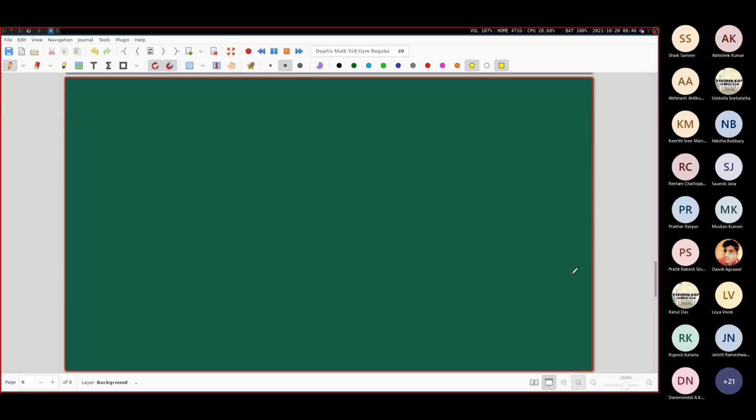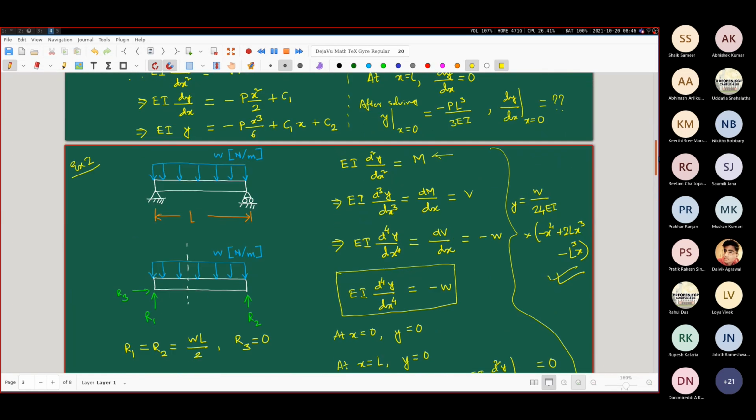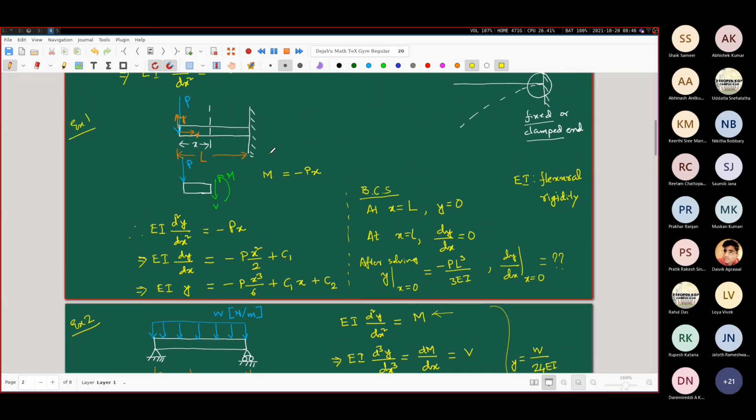Well, we have been talking about different kinds of supports. First of all, we considered exercise 1, where you understood that this was a fixed end, and I told you that at the fixed end we have y equal to 0 and the slope equal to 0.